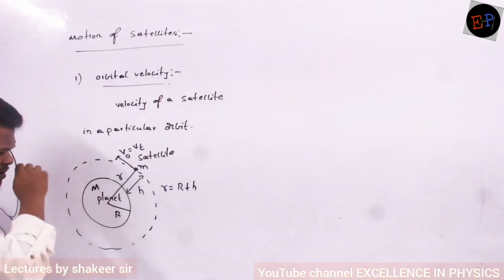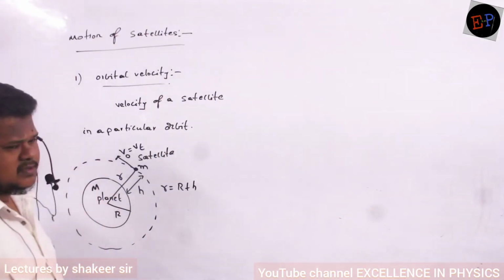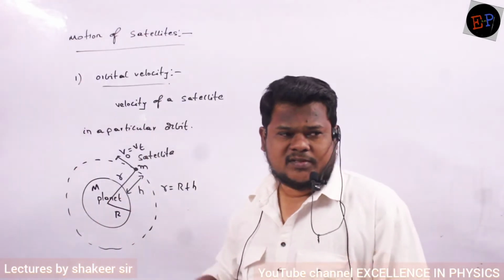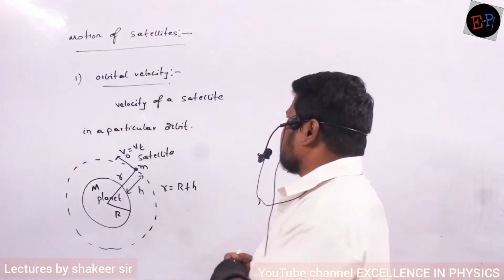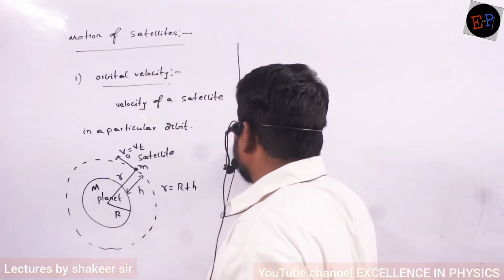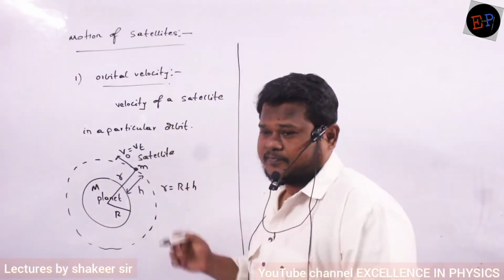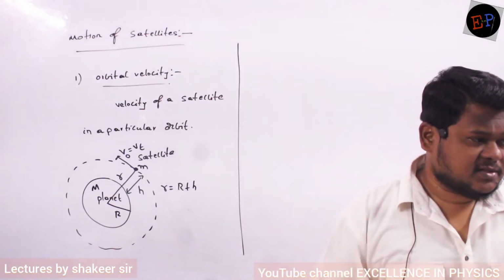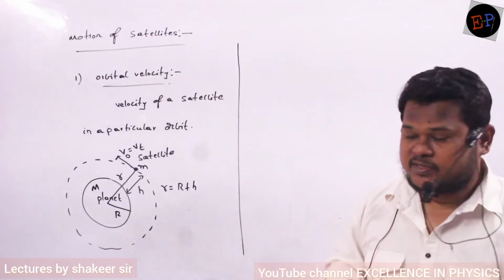So we are trying to derive an equation for this orbital velocity or tangential velocity with which the satellite should move in this circular path. See, how is this satellite able to move in a circular path? If a satellite should move in a circular path, what is necessary? Centripetal force is necessary. Clear?